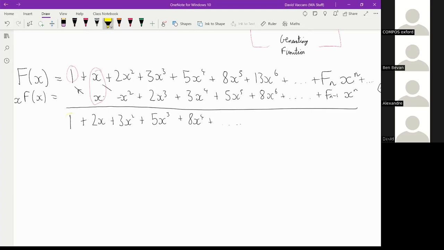What do people notice about these numbers? 1, 2, 3, 5, 8. Well, what I can see is that they are Fibonacci numbers. Okay, but everything is just a little bit wrong.